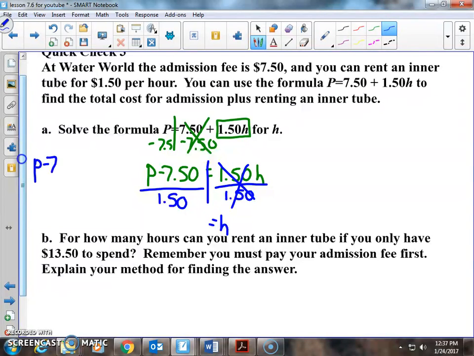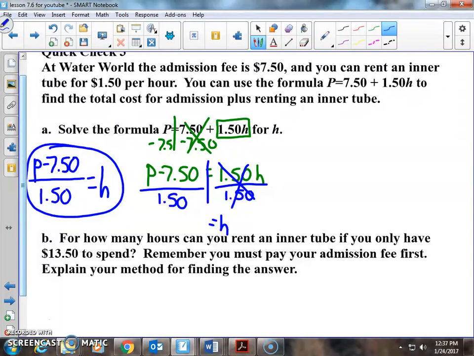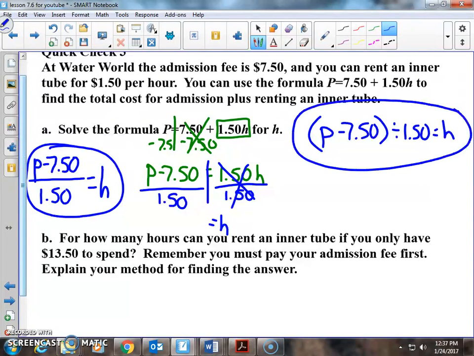P minus 7.50, all divided by 1.50, a big fraction bar. All that equals H. Now, similar to the last problems we had, we could write that answer a few different ways. We still have the P minus 750, but I could put that in parentheses and say I'm going to divide it by 150, and that equals H. That's another good way.